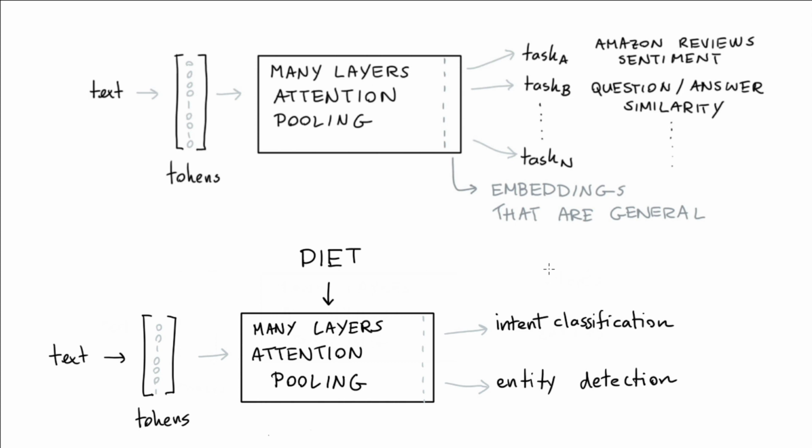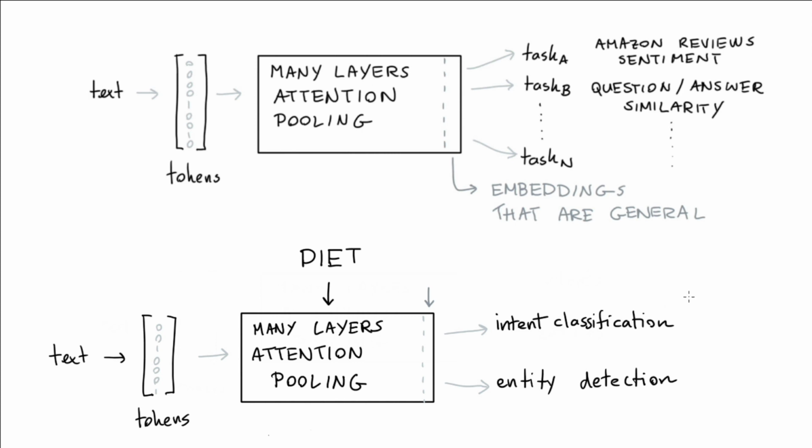Every time that you train a Diet model, it will be optimizing for detecting both intents and entities. And note that Diet internally uses transformer layers, attention mechanisms, feed-forward layers, and pooling to get to this final representation that is useful for these tasks. It's just that usually this final part of the entire architecture is not exposed as an embedding because we usually don't care about the embedding.